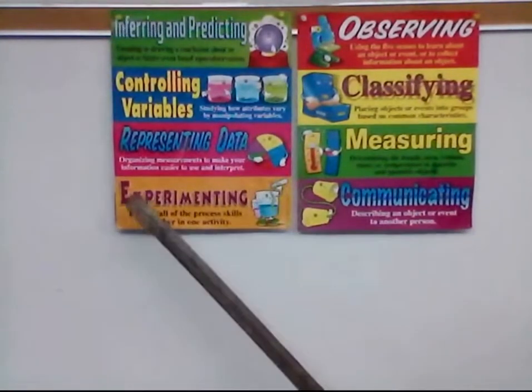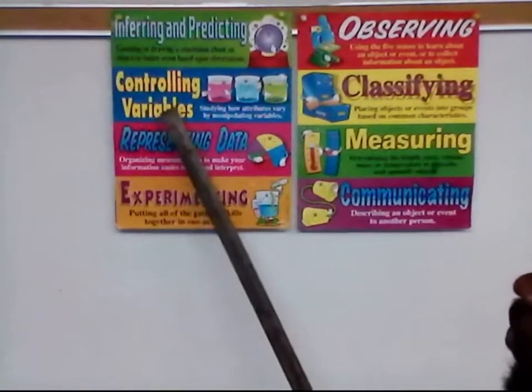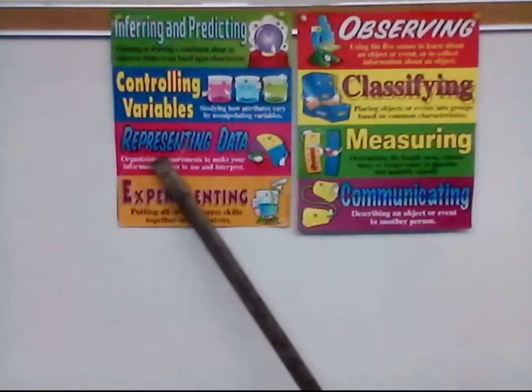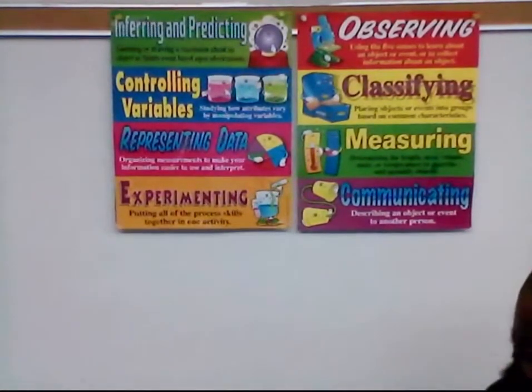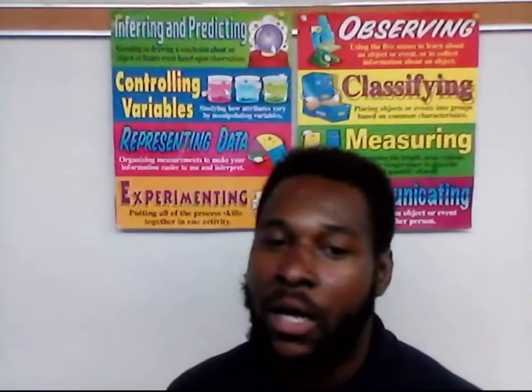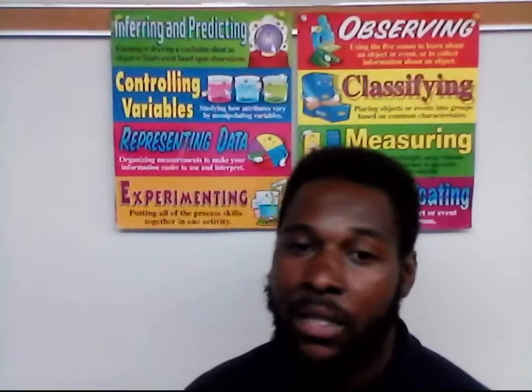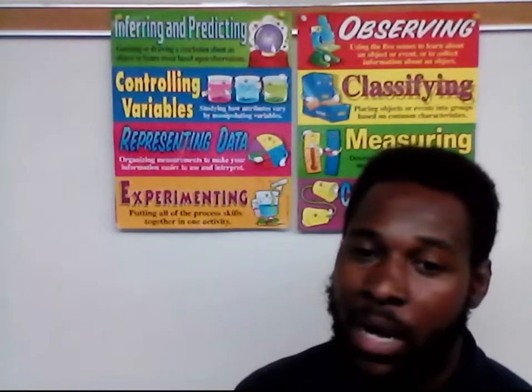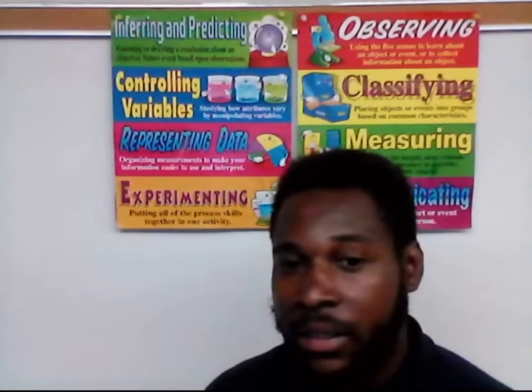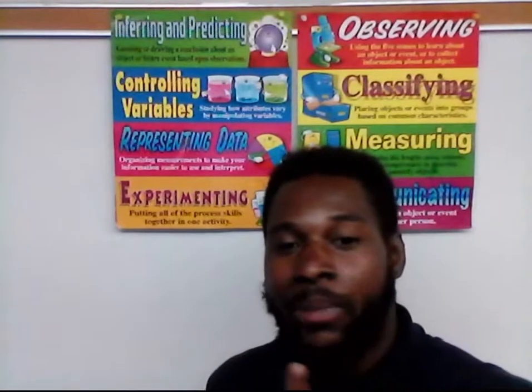Okay, representing data. When you have what you are looking for, you have to organize it into a nice, clear, and concise model for others to understand you. Just like these videos. These are videos, and they are built to represent my voice and my image, and it is also representing time.